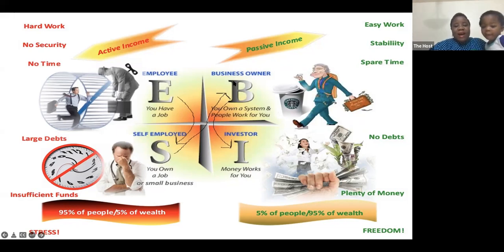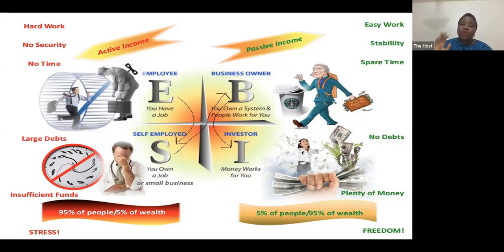All right. So if you're a business owner, it means that you own a system and people work for you. For you to call yourself a business owner, it means that you have nothing less than 500 people on your team. So we can call Dangote and Adenuga. Those are the people that are business owners. They own a system of people.